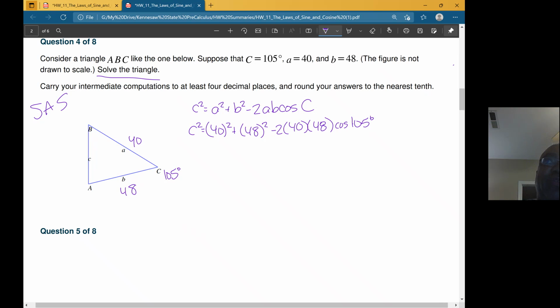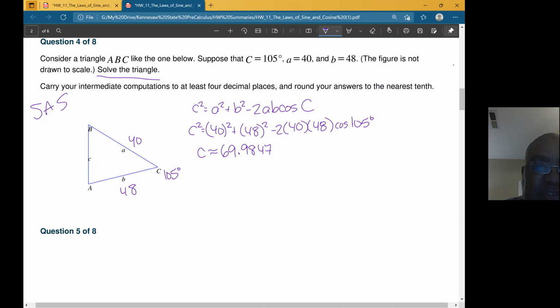If we take the square root of this, it says round to the nearest 4 places. So that means that C is about equal to 69.9847.